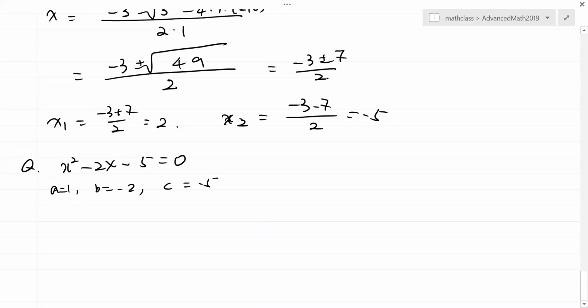Oh, there we got 1 plus minus square root of 6. Let me check, please.